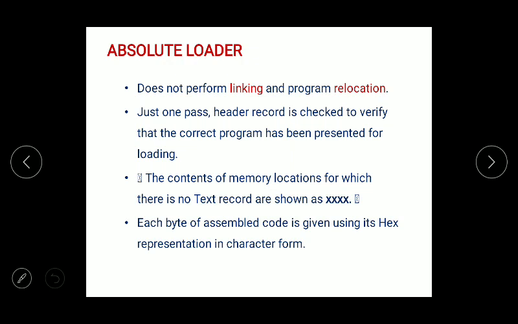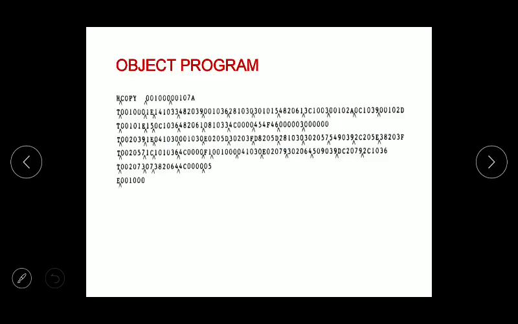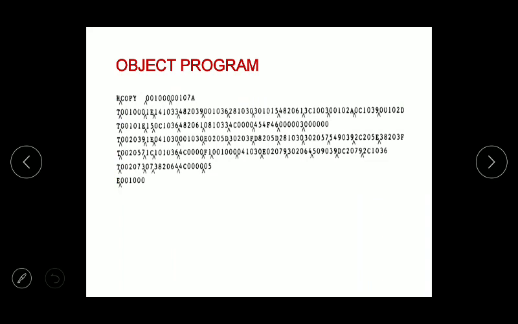Now consider this object program. It is very familiar to you. It is the object program of your copy program, that is, read the contents from one device, namely 05, and copy it to F1, something you studied in the previous module.